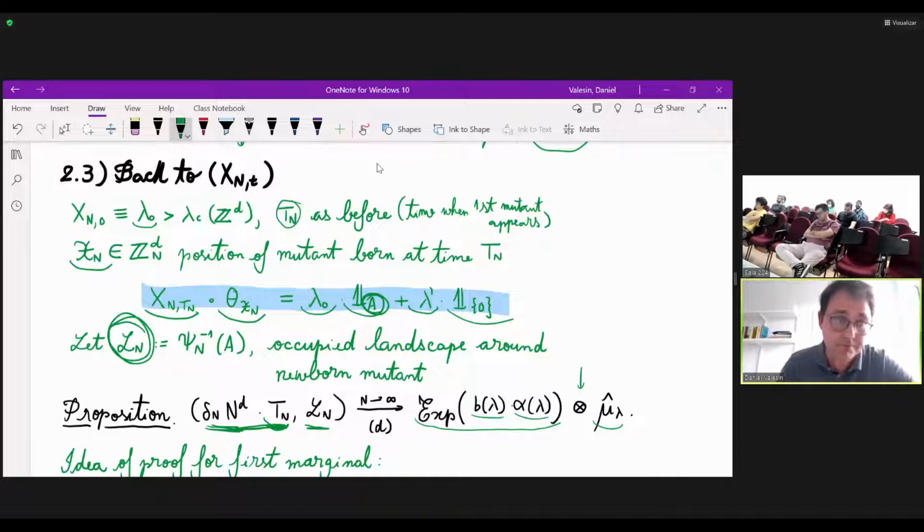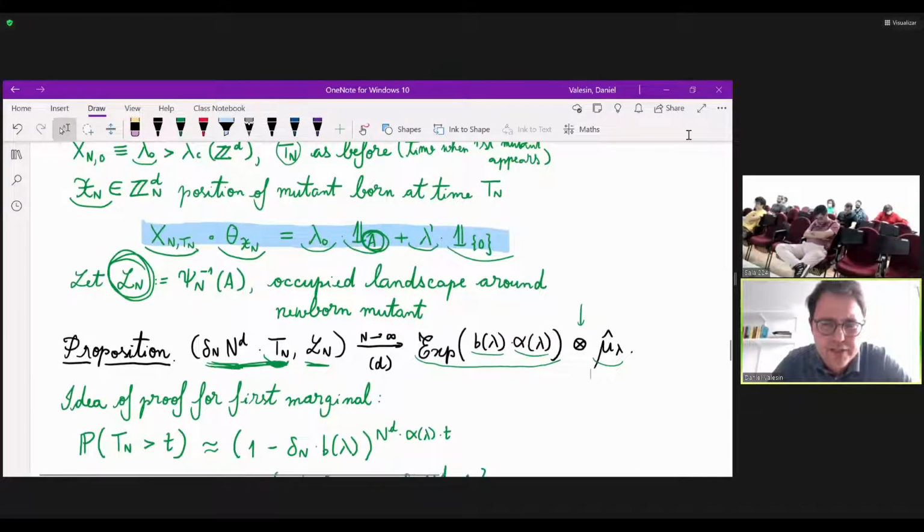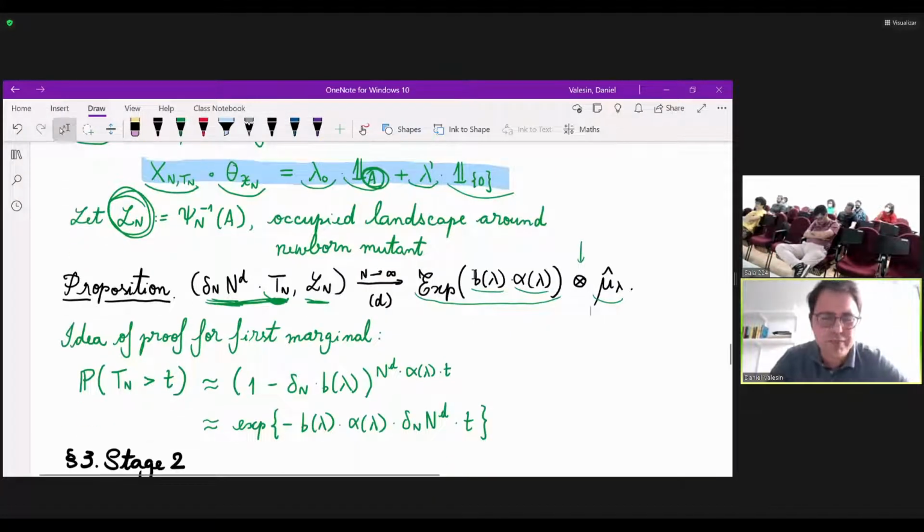So we prove that. I think here there's an idea of the proof for the first marginal, for the time marginal. Maybe it's best if I skip this explanation because I'm a bit afraid of running out of time. But it's nothing very deep. It's just saying, okay, let's look at a time t. What is the probability that a mutant has not appeared by then?